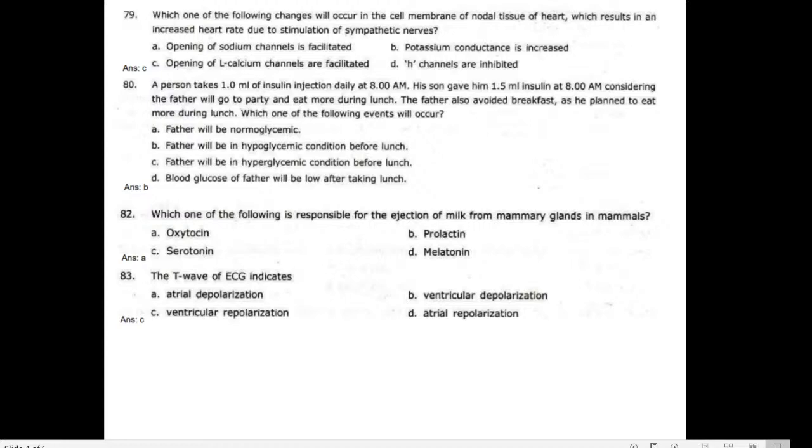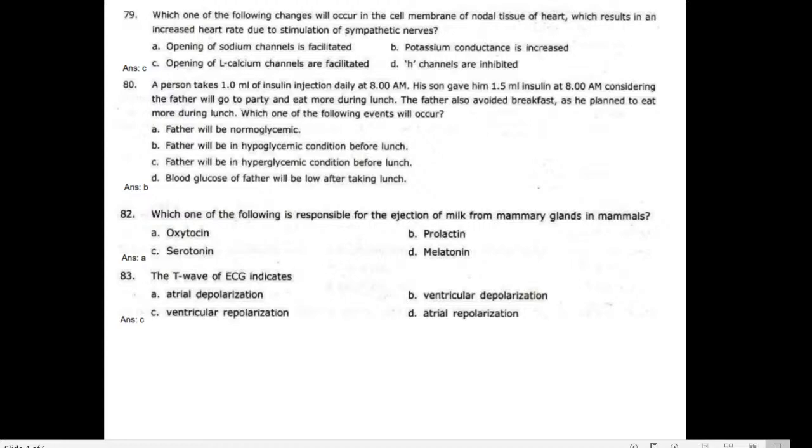One more thing: the normal T waves are asymmetric in shape, with a slow upstroke and rapid downstroke. If symmetric waves are found, with equal upstrokes and downstrokes, that may indicate problems. And it's all about the T waves.